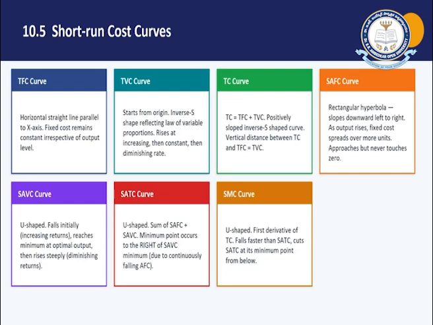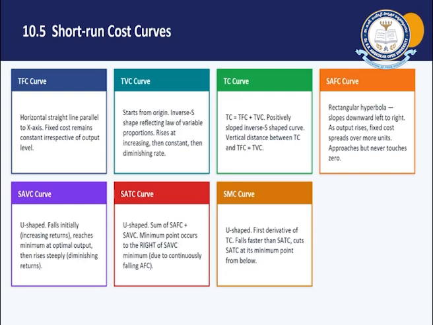The short run average variable cost is a U-shaped graph. It falls initially, which reflects increasing returns, reaches a minimum at optimal output, then rises steeply, which reflects diminishing returns. The short run average total cost curve is U-shaped, the sum of short run average fixed cost plus short run average variable cost.